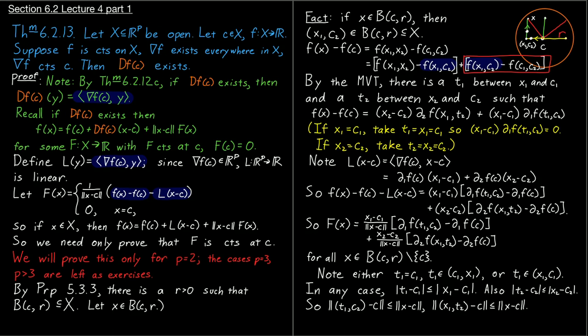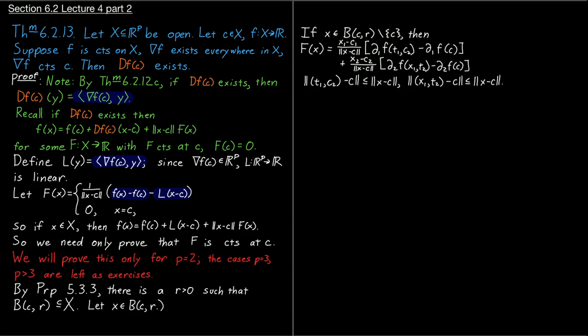All right, and now we are going to apply the continuity of our partial derivatives. So where were we? We've seen that there's some ball centered at c contained in our domain X, and we've seen that if x is any point in that ball except the midpoint, then we've got this formula for capital F of x, where it's got these two funny points, (t1, c2) and (x1, t2).